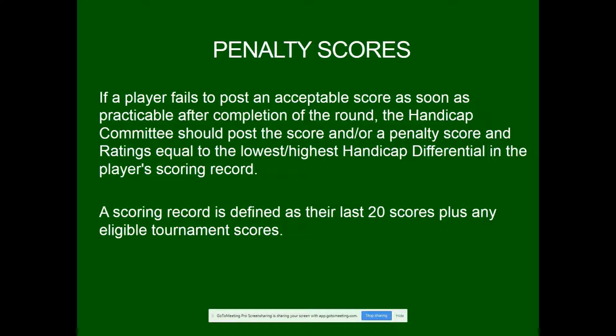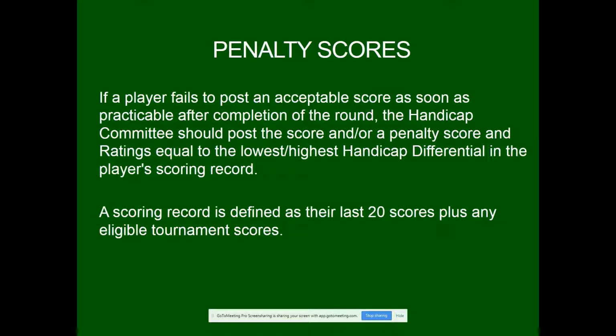The committee also has the discretion to do a penalty score. So if you lack knowledge about what the information of that player was and when they played and what the score was, maybe you're not able to post that score for them, but maybe the committee decides that instead we're going to post a penalty score for them.